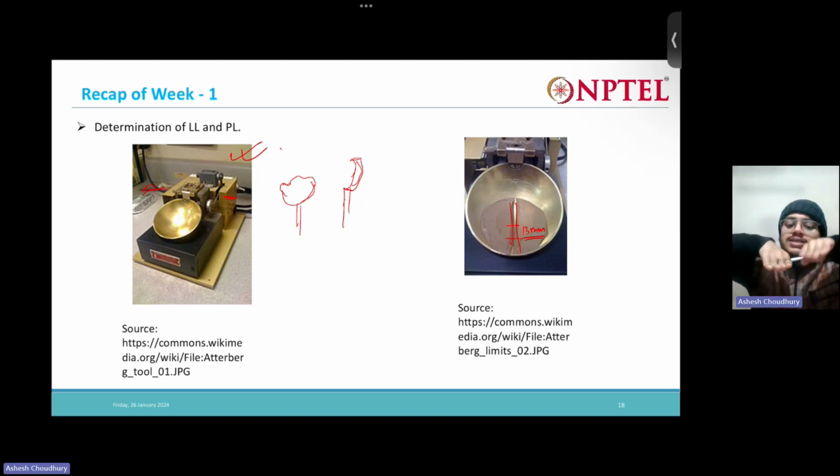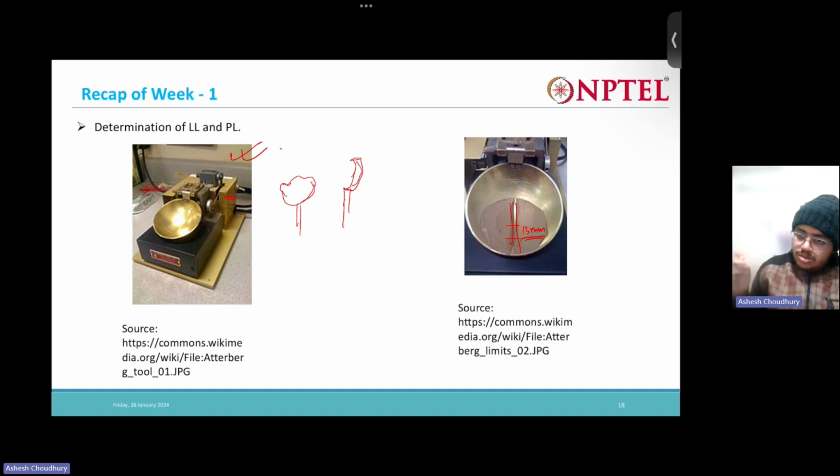You cut a groove like this in the soil, so the soil is divided. Now keep on giving blows to the cup, and the soil will start coming close. We continue till a 13 mm distance has been closed, approximately.